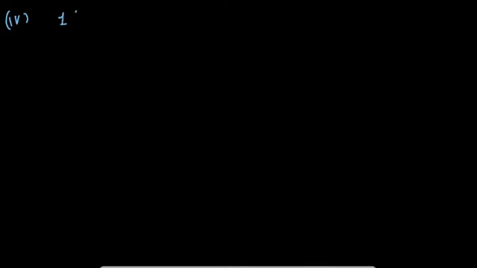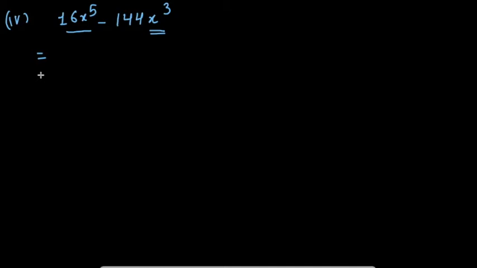Fourth part is 16x raised to the power 5 minus 144x raised to the power cube. Now you see here, this 16x raised to the power 5, x raised to the power 5 and x raised to the power cube, right, is not a perfect square number.